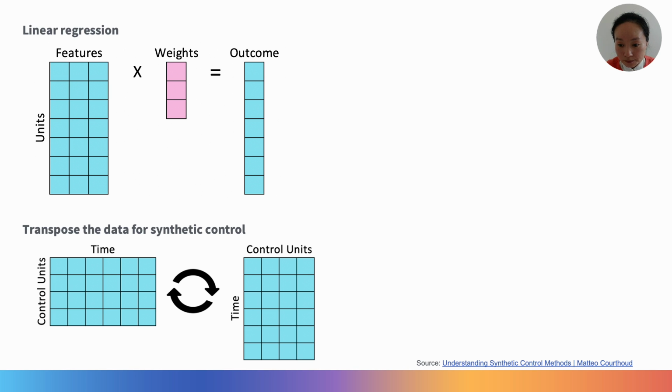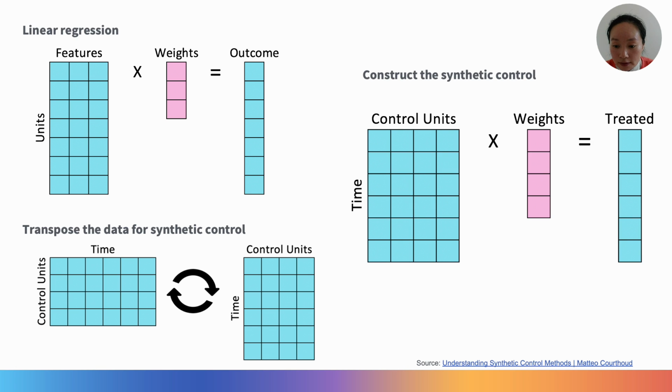And finally, if we apply weights, usually we need to optimize the weighting to minimize the difference between the synthetic control group and the treatment group, or treated group, or the intervention group, the group that has been applied the intervention.